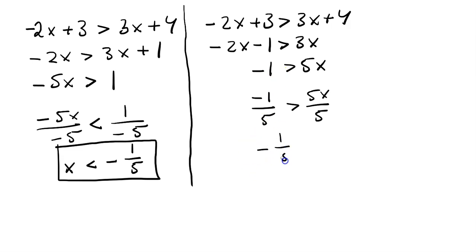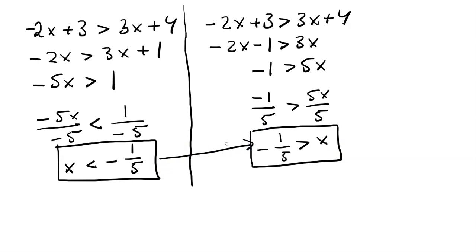This is -1/5. Here's x. But now we see that these two solutions are identical. Here it says that all x's less than -1/5. Here also says all x's less than -1/5. So this is just written in the opposite direction.